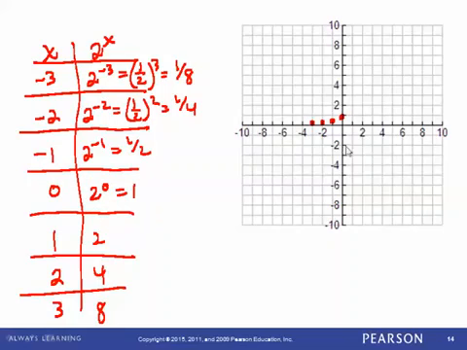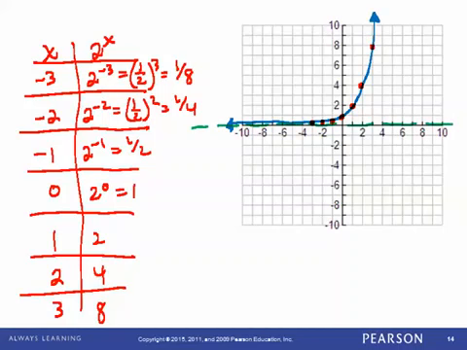But also you go to 1, 2, 2, 4, and then 3, 8, and then now you can connect them. And then what you're going to do also, which the book does sometimes, not consistently, is you should put in a horizontal asymptote.